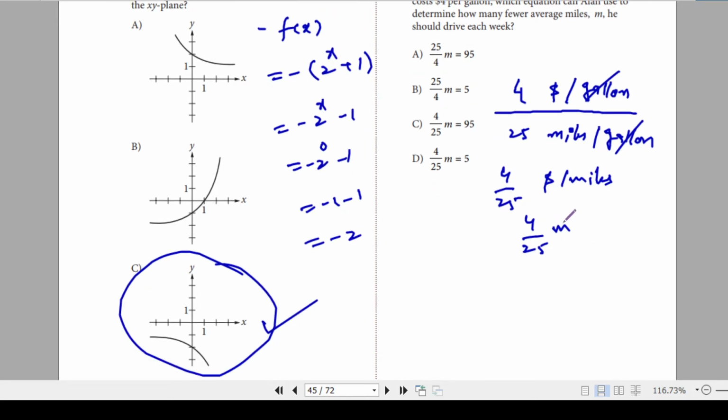And how much do you want to reduce for this many miles? $5. This is the cost Alan wants to reduce for driving m miles, and that should be equal to 5. So 4 over 25 times m is equal to 5. And that's it.